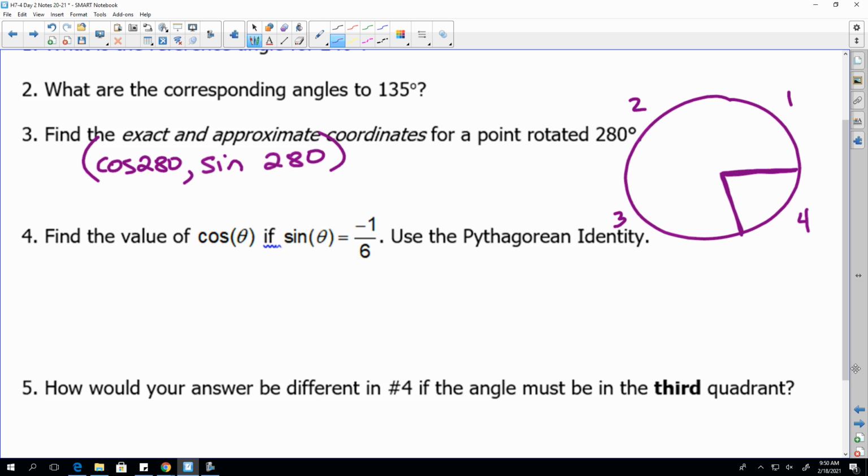Would that be considered the exact or the approximate coordinates right there? Exact, right, Daniel. We didn't type it in, we haven't rounded anything. Those could be the exact coordinates. The approximate ones, we're just going to type them in the calculator, right?